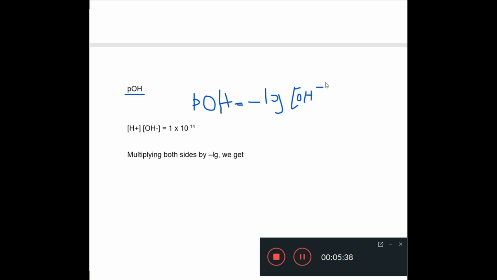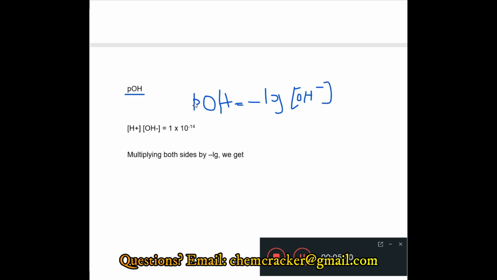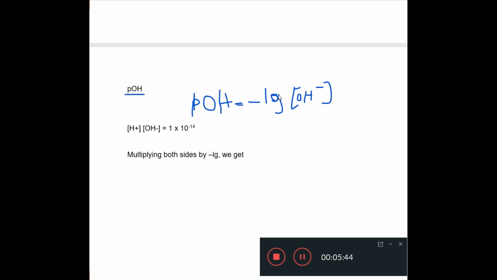That is pOH. Now, this can come in useful when we consider solutions that are acidic or basic and we want to find the pH, particularly when the solution is basic.